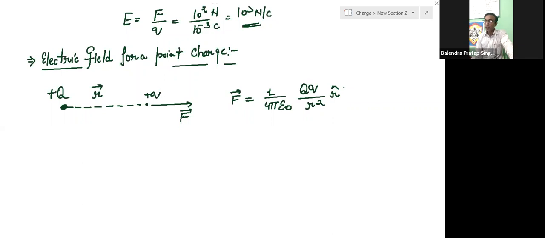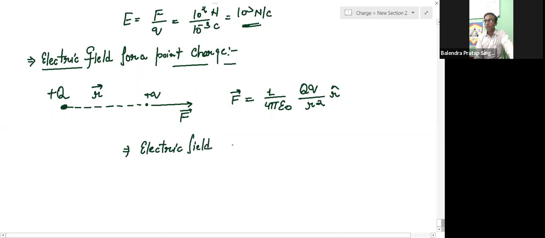Okay, so now the electric field of the source charge is vector E is equal to limit q tends to 0 vector F divided by q.